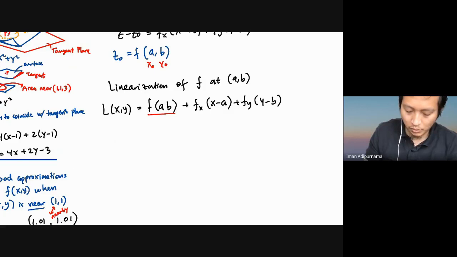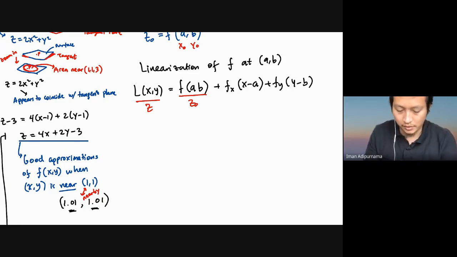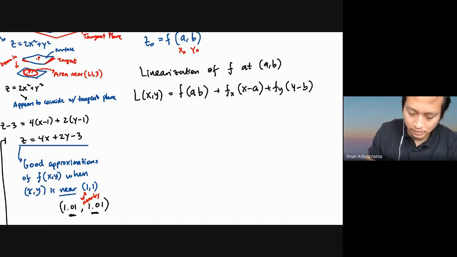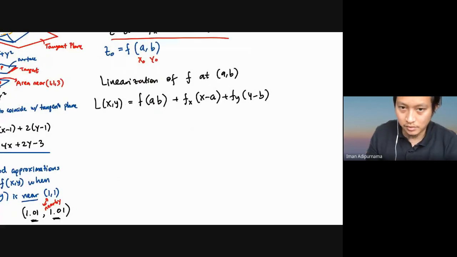This is basically z0. So this is z. Before it was z minus z0, and we move z0 to the right, and we can write like this. So as long as you can understand how this formula works when you are doing these linearizations, it should be understandable.